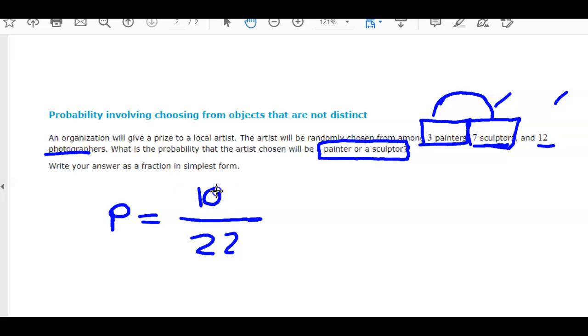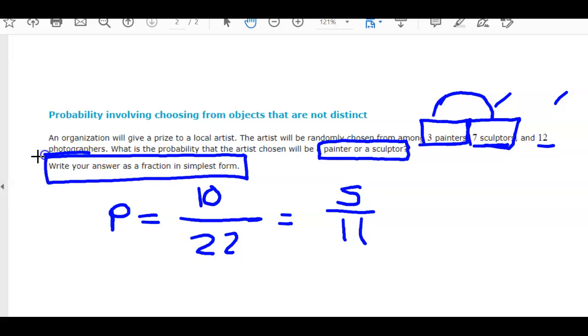There are 22 artists altogether, so we're going to go ahead and simplify that. 2 is going to go into 10 5 times, and 2 is going to go into 22 11 times. So we're going to write our answer as a fraction in simplest form. We've got 5 over 11.